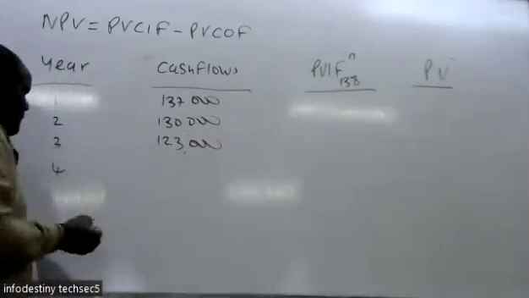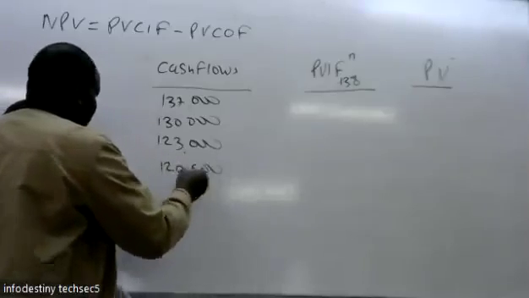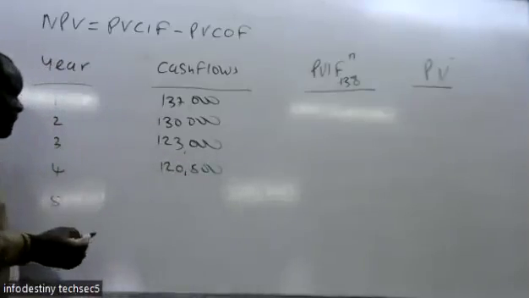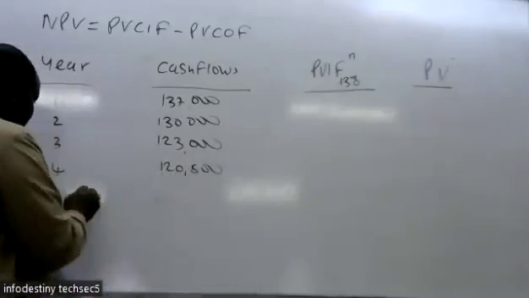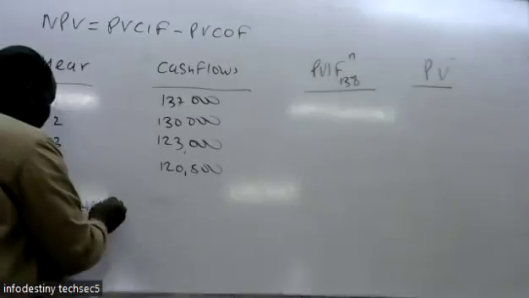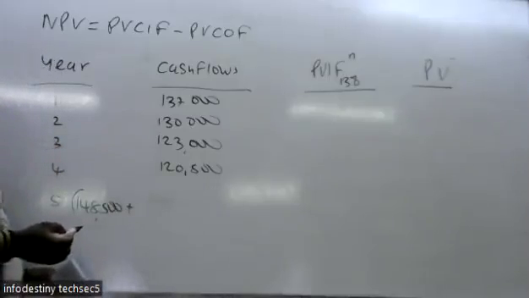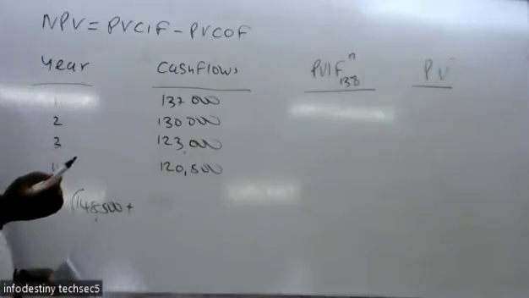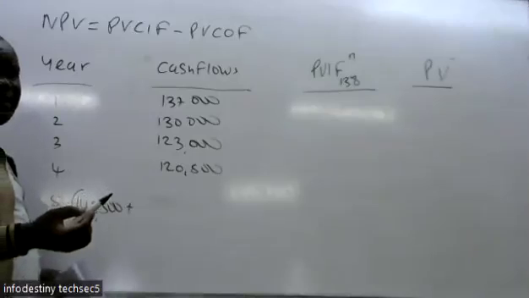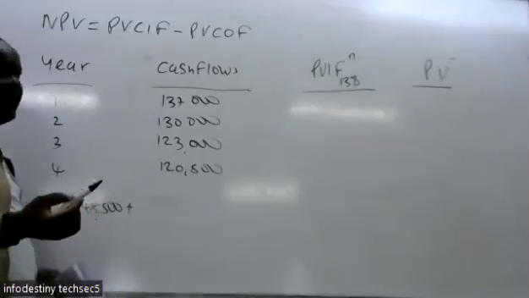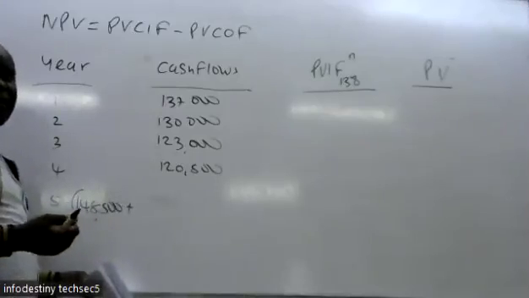Year four, 125. How about year five? 148,500, plus the incremental terminal benefit in the previous step that we have just done. It was 300,000.